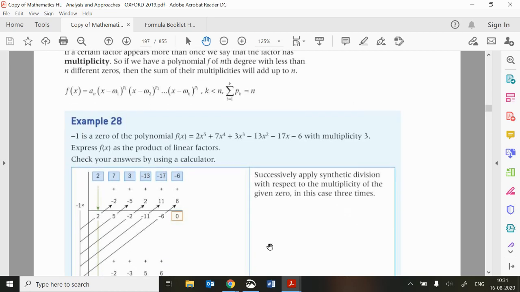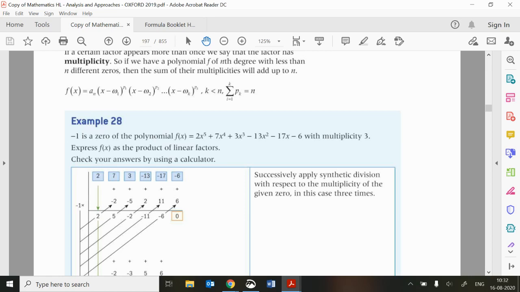And likewise, in the question, when we have a look at example 28, they're saying -1 is a 0 of this polynomial with multiplicity 3. So they haven't said the factor has multiplicity 3 there. They've said the 0 has a multiplicity 3.